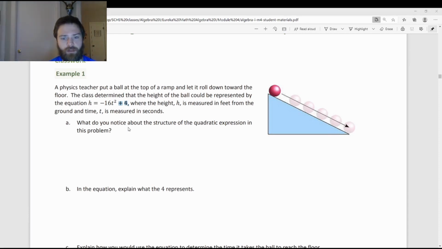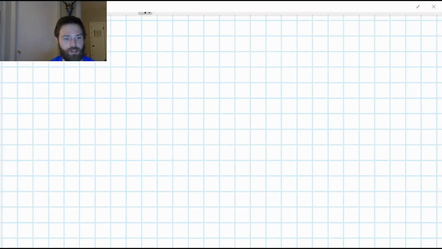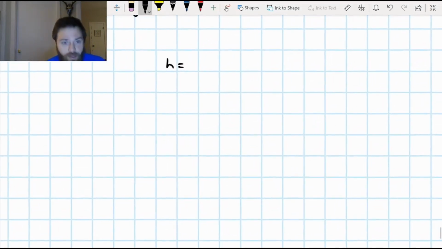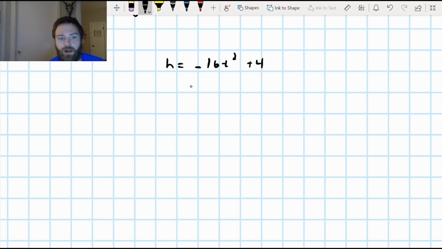So let's talk about this. I'm going to try and do an example here. h represents the height of the ball, right? So if h represents the height of the ball, and we've got this equation -16t squared plus 4, h is the height of the ball at any time, and t is the time elapsed since we've let the ball go.